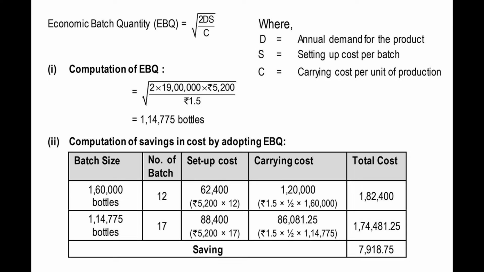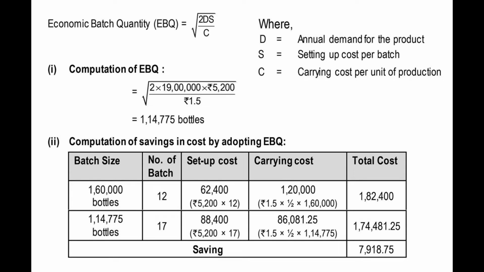So divide by rupees 1.5. The resulting figure would be the economic batch quantity. The economic batch quantity is 1,14,775 bottles. So as per economic batch quantity, the company should follow 1,14,775 bottles as a size.